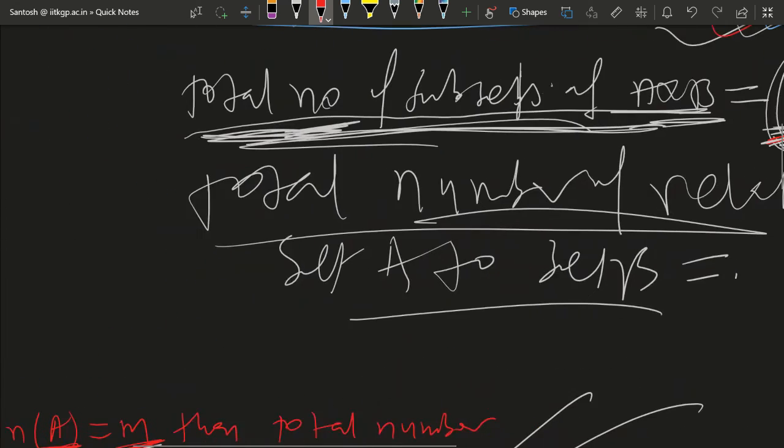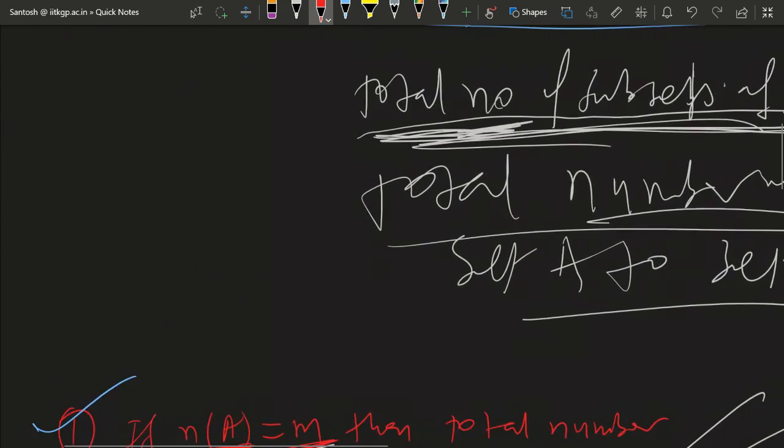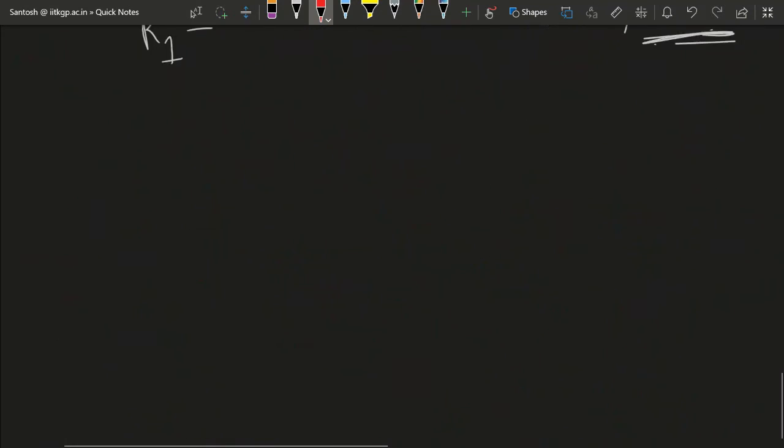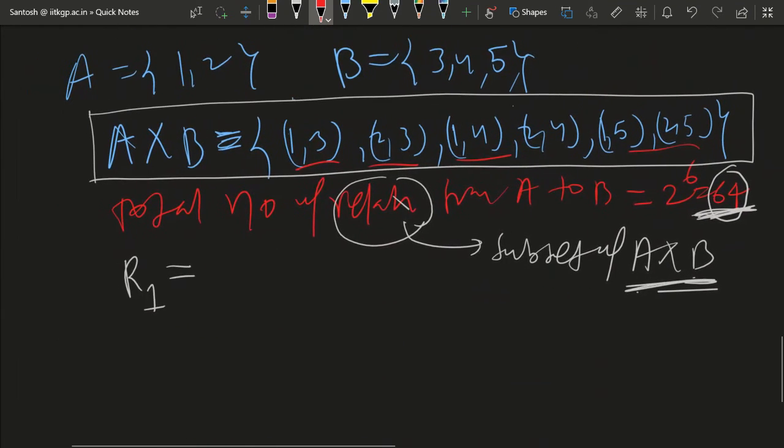Okay, come to that point. So here we have A cross B. Now you have to tell me any one subset of A cross B. Like you have seen, I have given you one example there.